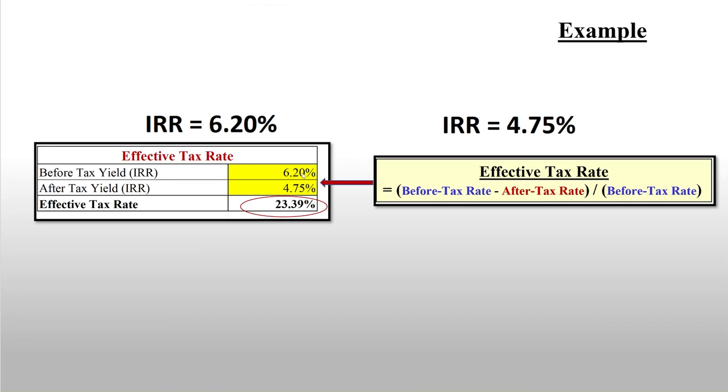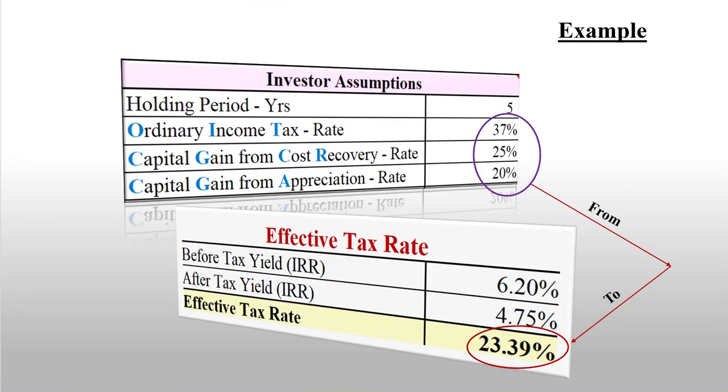So now that we have the before tax IRR and after tax IRR, we run these numbers through this equation, and lo and behold, we come up with our effective tax rate being 23.39%. So if we look at the numbers and look at the assumptions for Mr. Trump, the ordinary income tax rate of 37%, capital gain from cost recovery 25%, capital gains from appreciation being 20%.